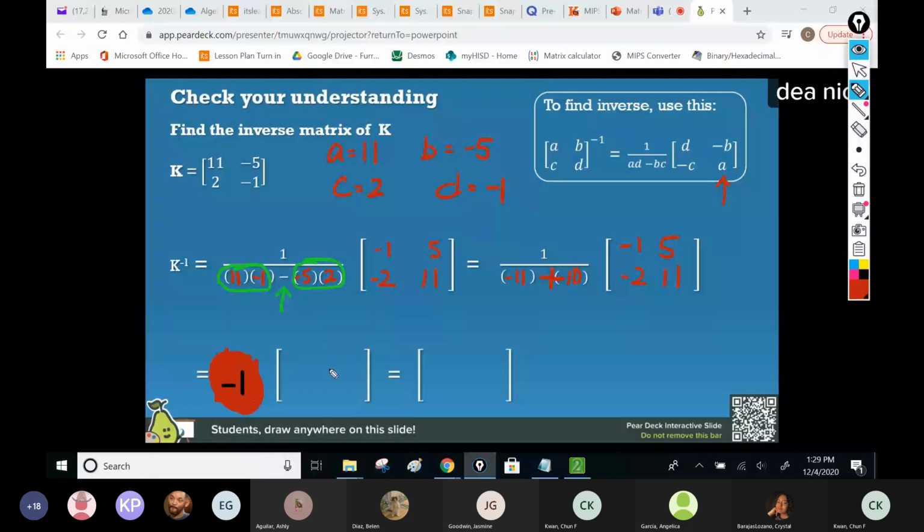And then keep the matrix the same. All right, now all you gotta do is everything inside the matrix has to multiply by -1.